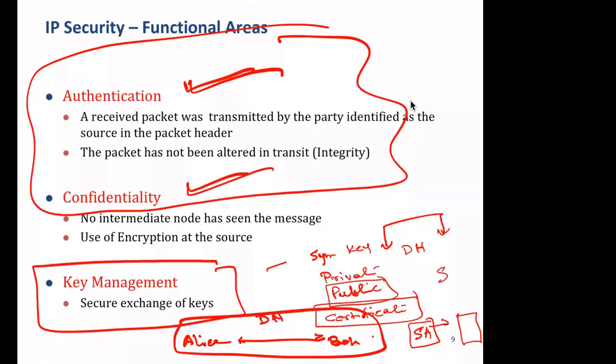That we call security association. So once you establish this secure channel through Diffie-Hellman, the next step is to establish the security association between Alice and Bob for one session, and then this exchange can start. So there's a process. All right.